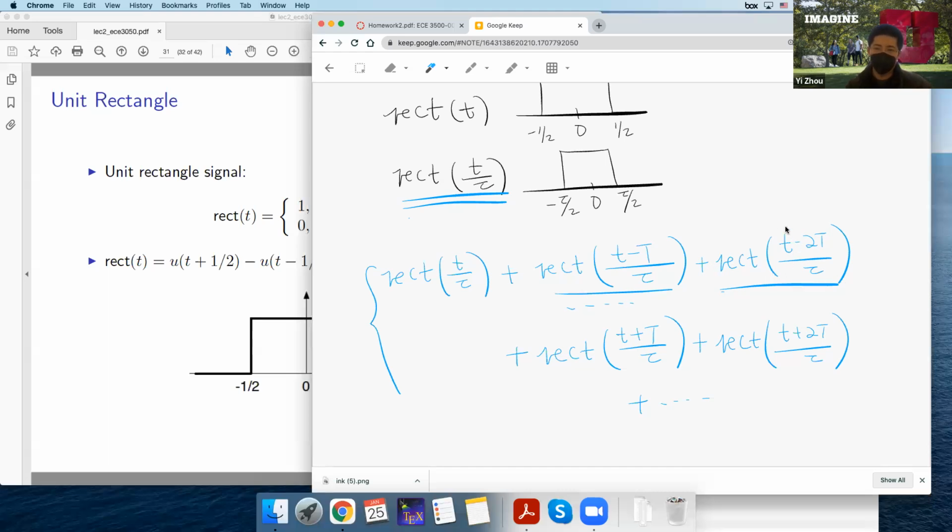Taking the rectangle of t, doing a time scale by tau, so we scale the time axis by the factor tau, and then shifting this rectangle to the right by 2 capital T units. And this one is scaling and shifting to the right by 1 capital T units. Then the picture appears. It's a periodic rectangle signal.